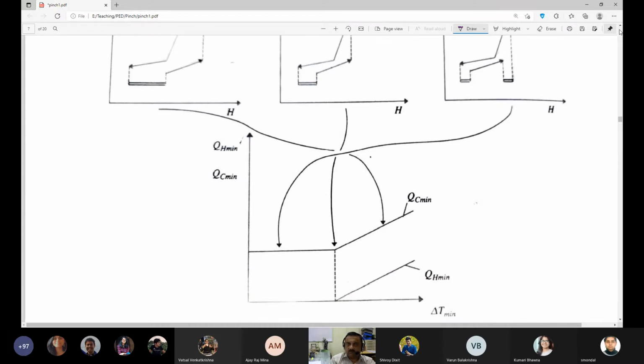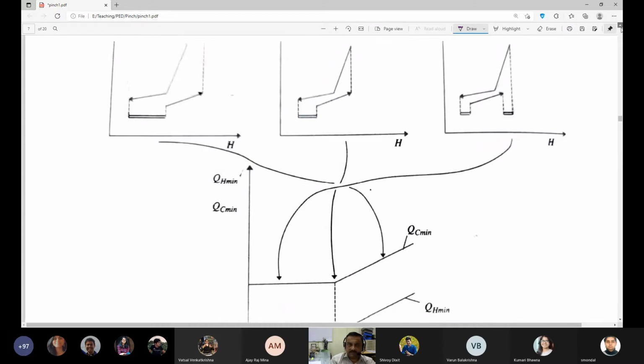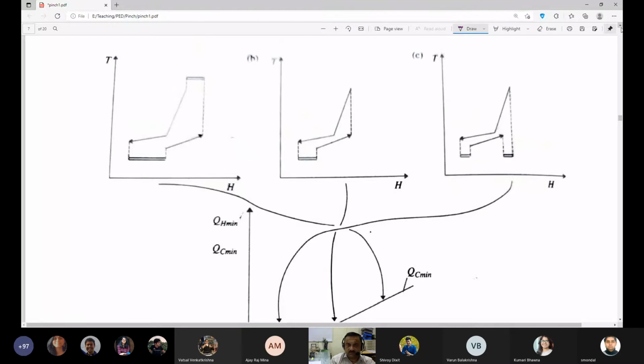Now, though the problem that is presented here looks all very straightforward, it may not be that way. For example, here in this picture, this is one of the curves I have. This is the hot stream coming down, and this is the cold stream going up.